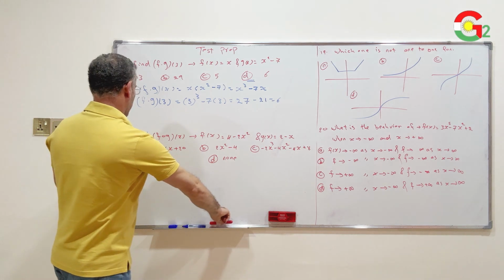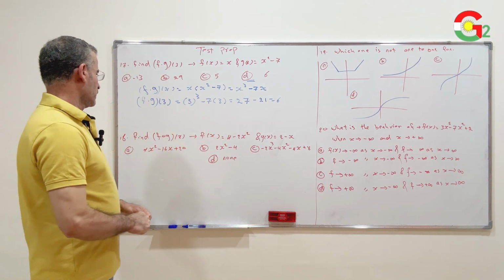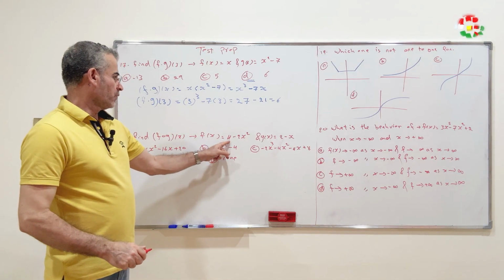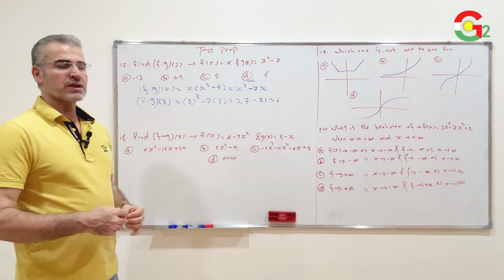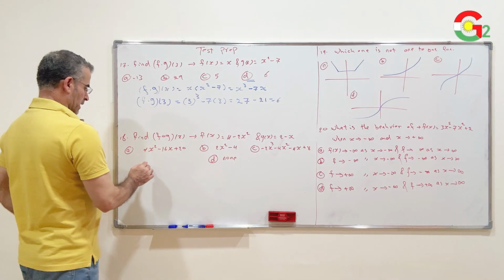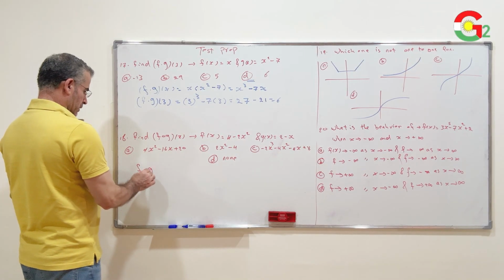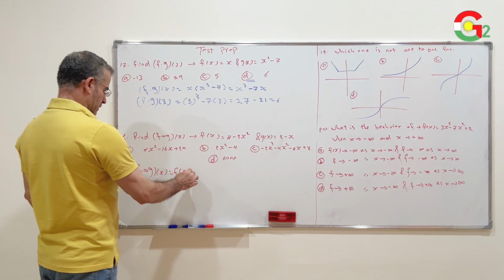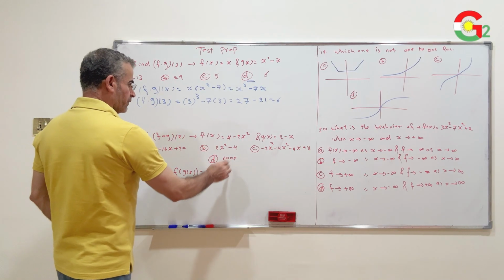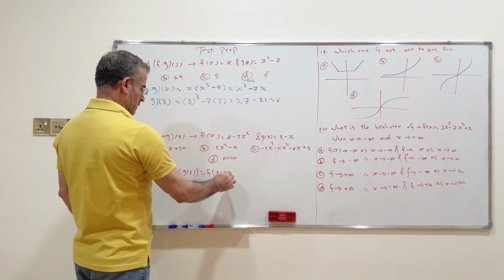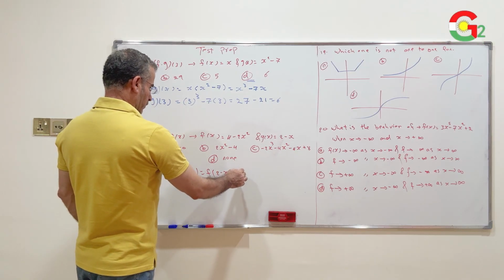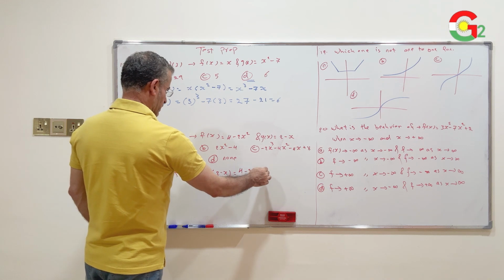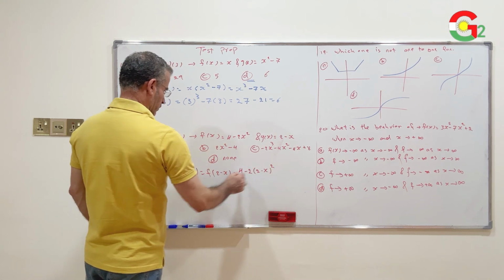Question 18. Find f of g of x if f of x equals 4 minus 2x power 2 and g of x equals 2 minus x. F of g of x equals f of 2 minus x, equals 4 minus 2 times 2 minus x power 2.